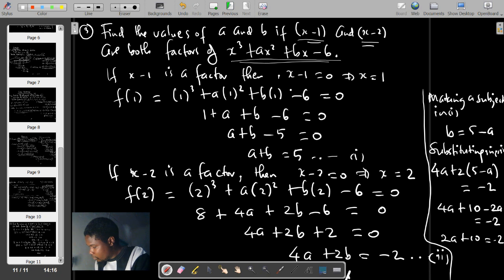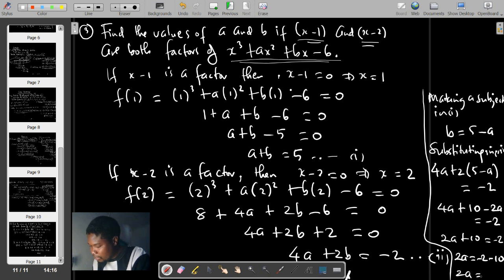Therefore 2a equals negative 2 minus 10.